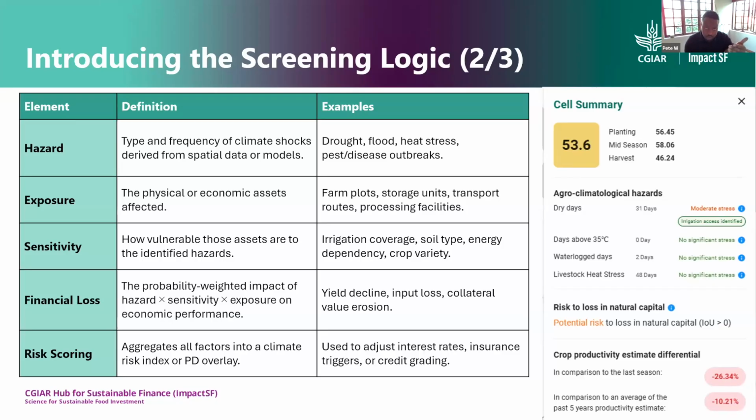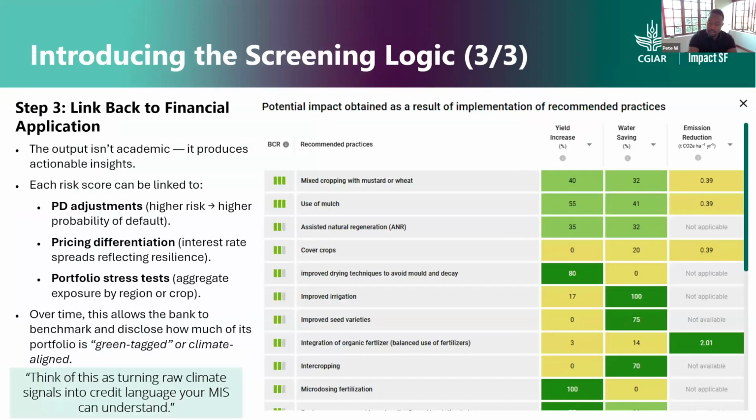Now, once you've understood those probabilities, you then go ahead and do the costings of the solutions. And these are the solutions which would probably be there. So you're talking about improved irrigation, as we've talked about here, improved seed varieties, organic fertilizers, so on and so forth. So once you've been able to attach those two figures together, you get what is called your expected loss when you just multiply those two together.